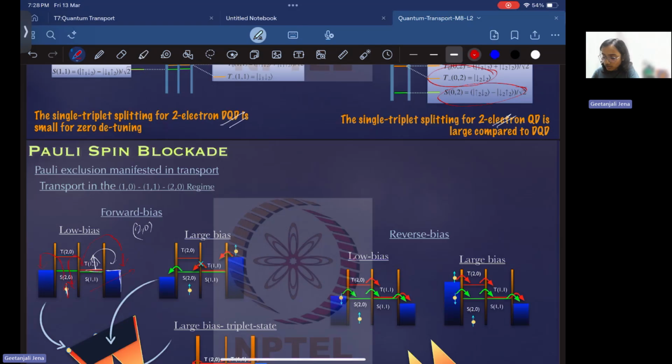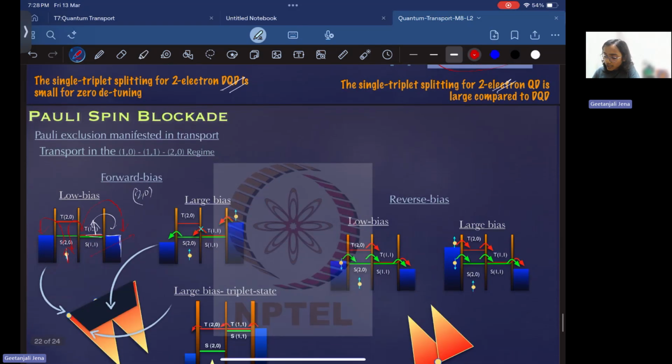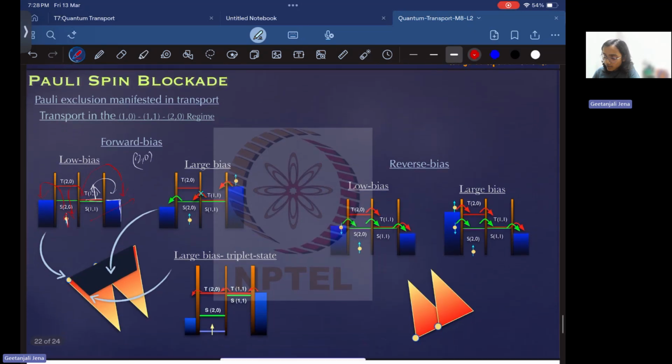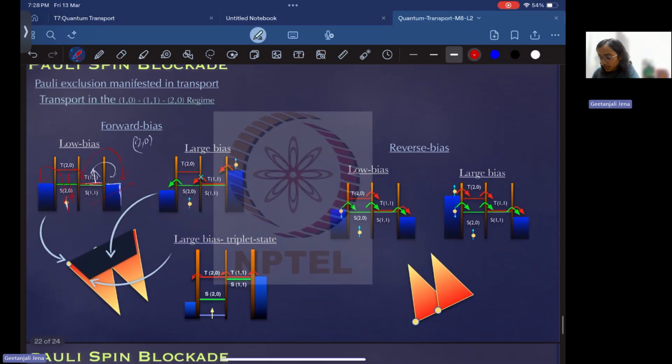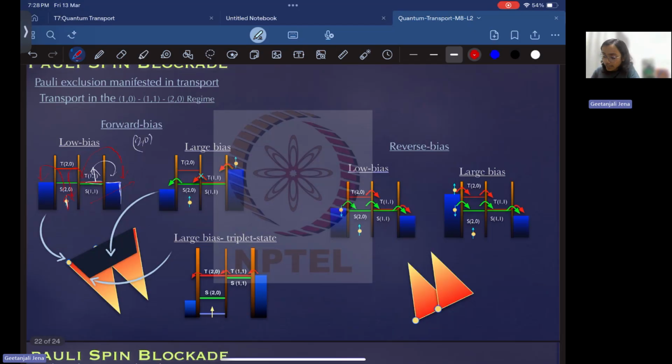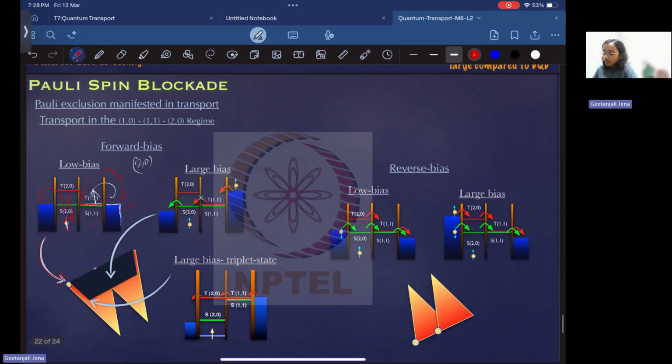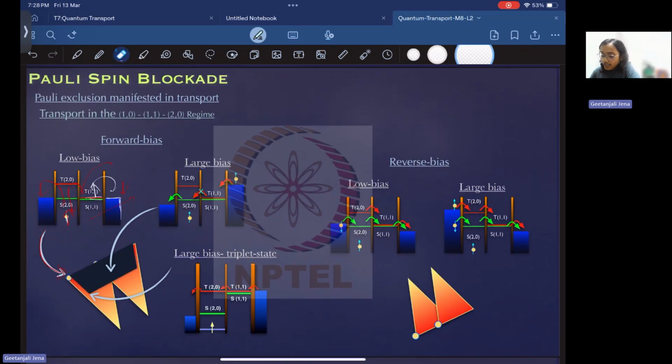So for the low bias case, the spin-down state can transport. For this case, it can lead to charge transport. And this is the charge triple point which we have seen earlier. So this is for the low bias case in the forward bias condition.